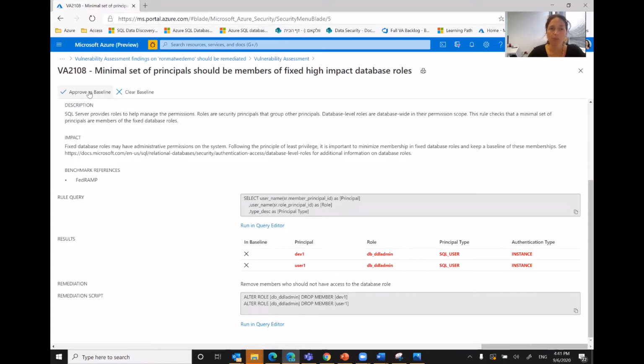In this case, I will approve as baseline. Once a rule result is approved as baseline, the next time the service runs, only if there is a drift, only if there is a change in the results, will I see this as a failure, but otherwise it will consider it as passing.